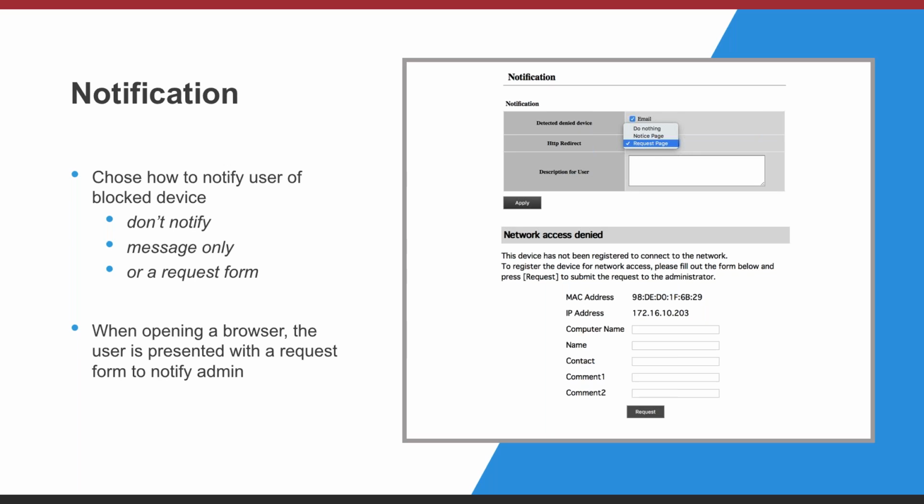You can also decide to display a message telling the user that they do not have network access with that device, and that they need to contact an administrator in order to get connected. Or you can allow the user to have a request form if they start up a browser and try to connect to something. And in that request form, they can enter in information about themselves and why they think this device should be added to the network.